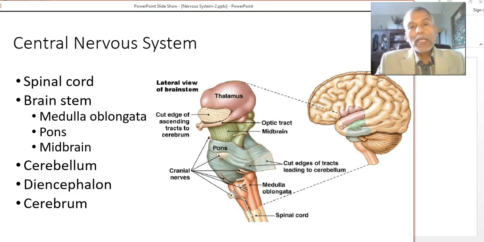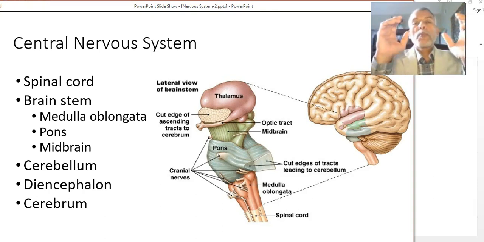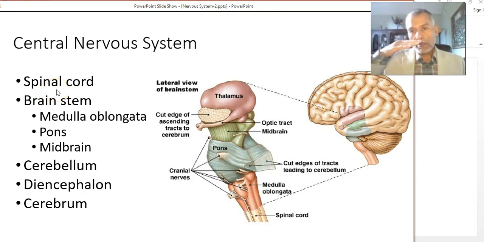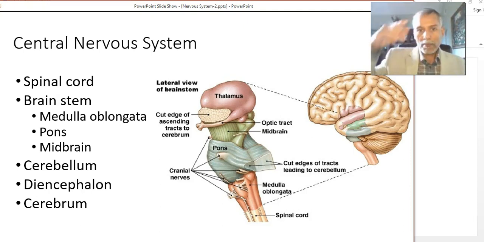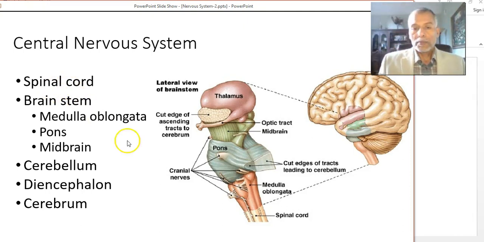So now, let's look with a little bit of detail into the different parts of the nervous system. So the central nervous system, back again, central is the brain and the spinal cord. When we take these together, the different parts of the central nervous system, we'll look at smaller parts of it. These include, from lower to higher, as you go from below to going up, the spinal cord.